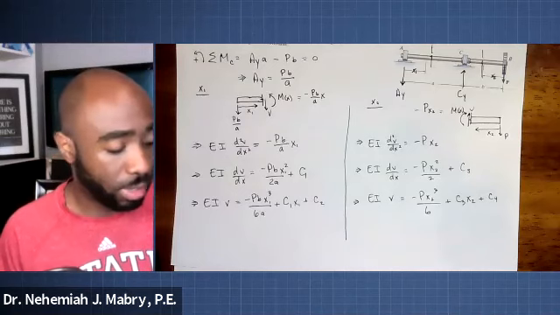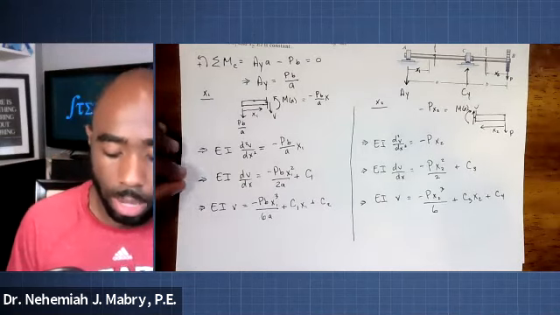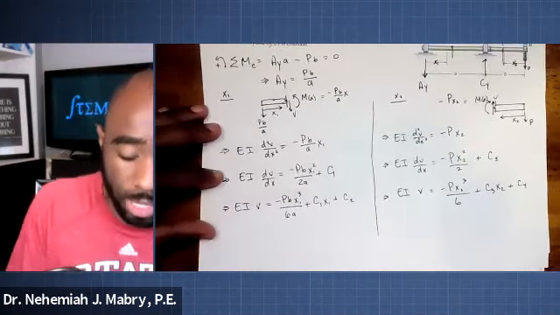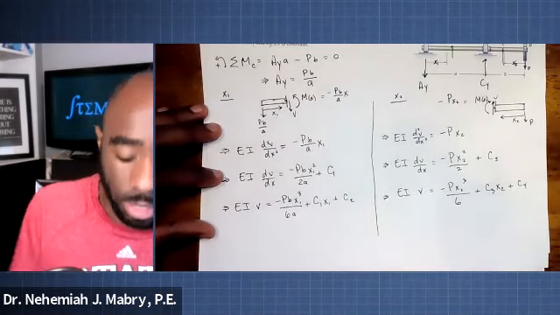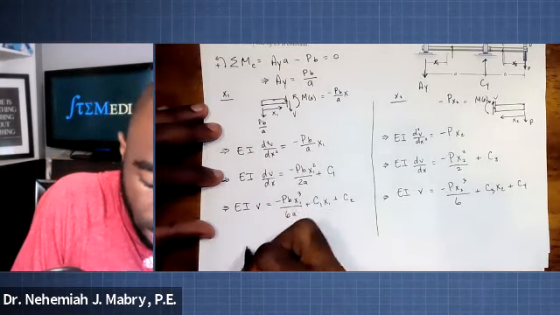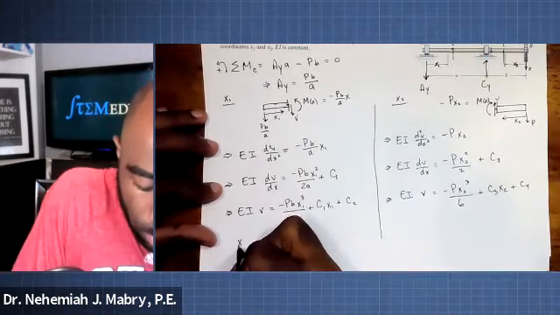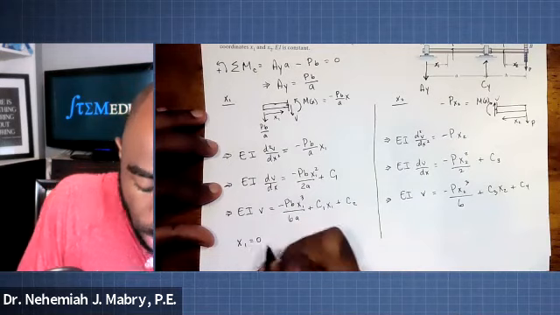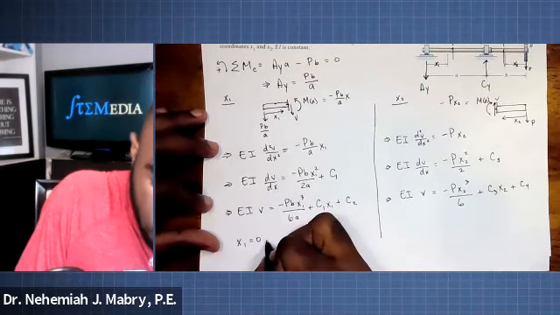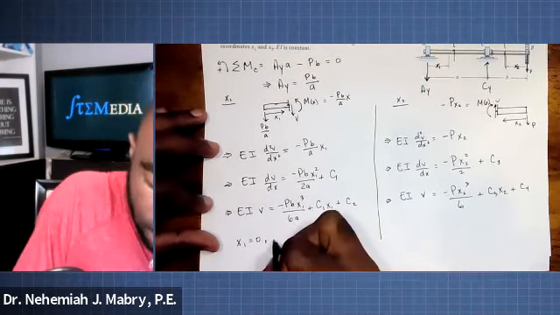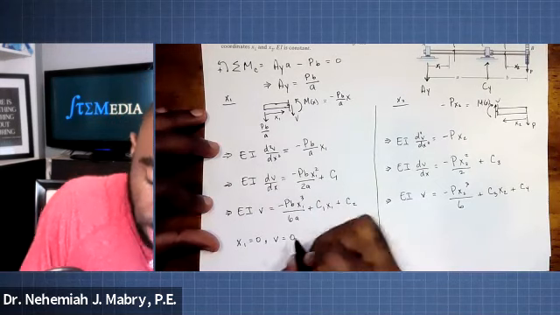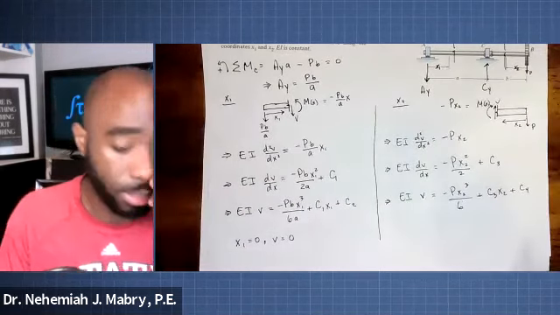And in order to solve for these constants, we're going to need to determine what our boundary conditions are. So staying on this page for now, what are the boundary conditions that we can write? Well, we know that when x1 equals 0, the displacement v is also equal to 0, right? There's nothing moving right there.